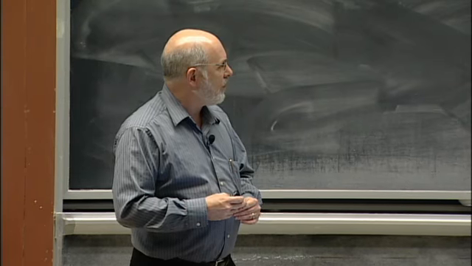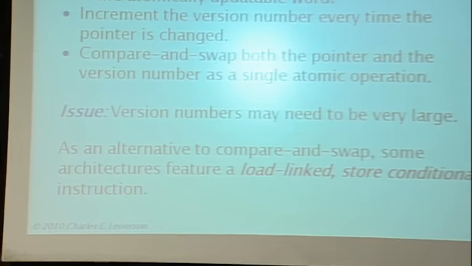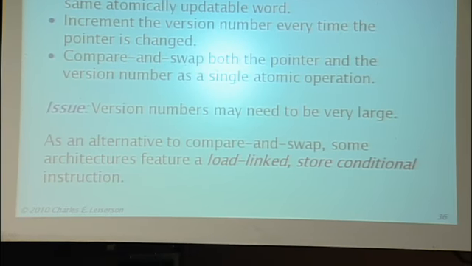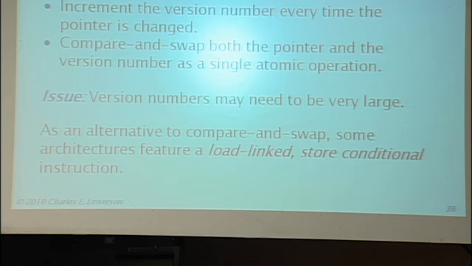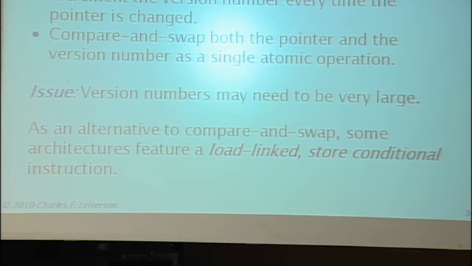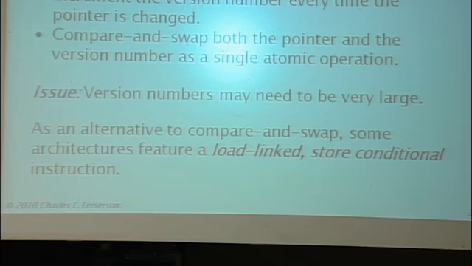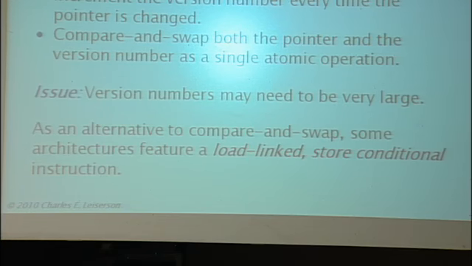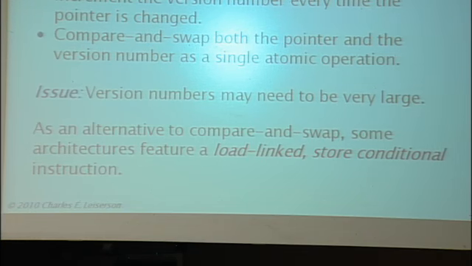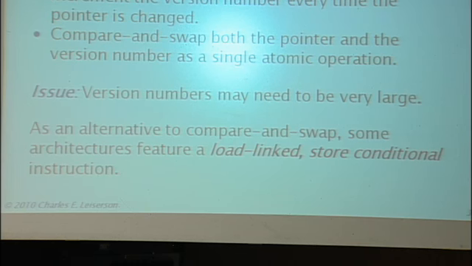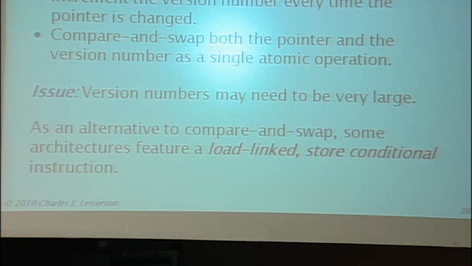Okay, so there's an alternative to compare and swap. One is the double compare and swap. Another one is some machines have what's called a load-linked store conditional instruction. What those are actually is a pair of instructions. One is load-linked. When you load-linked, it basically says, let's set a bit essentially in that word. And if that word ever changes, when you do store conditional, it will fail.